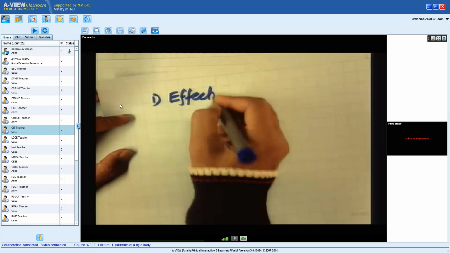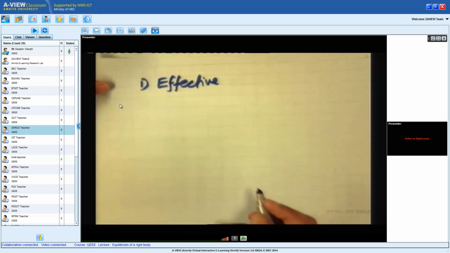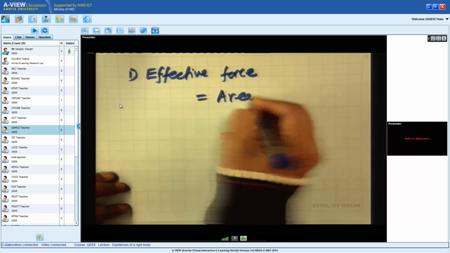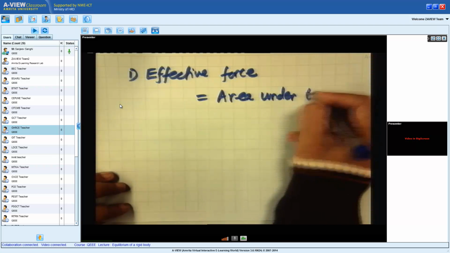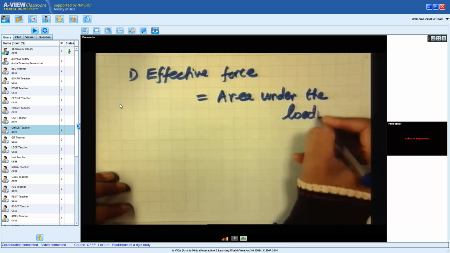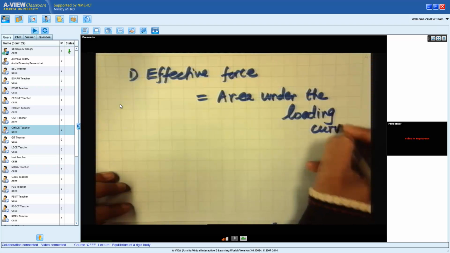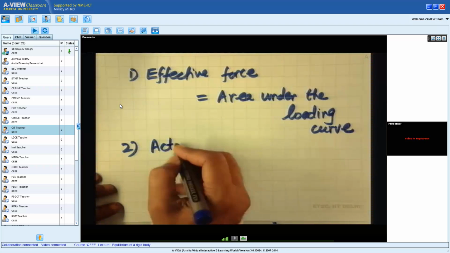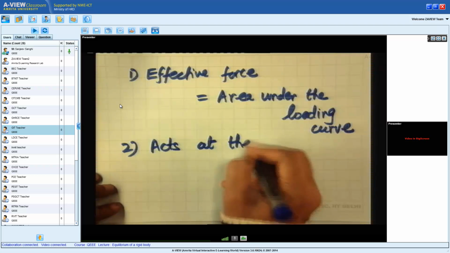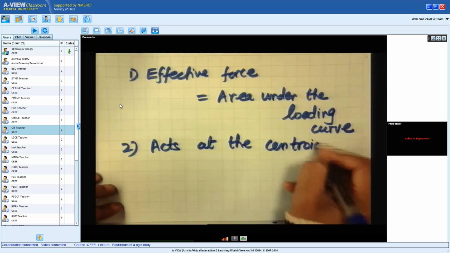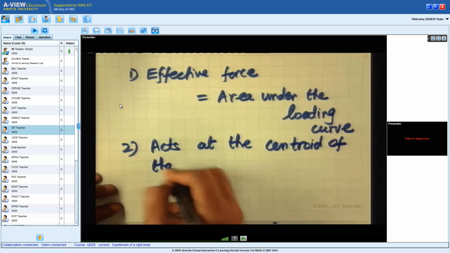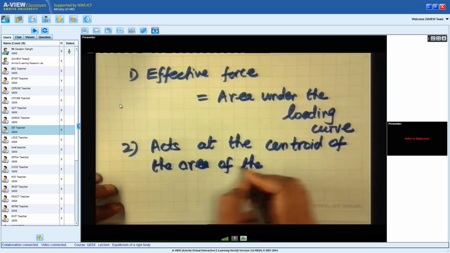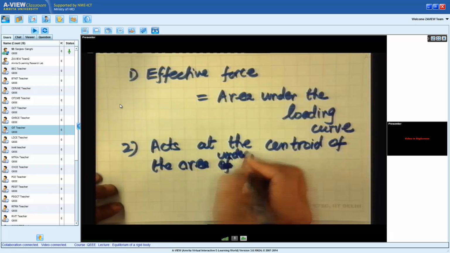The effective force is equal to the area under the loading curve, and it acts at the centroid of the area under the curve.